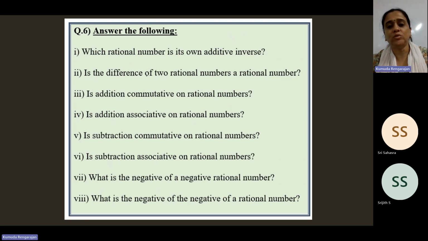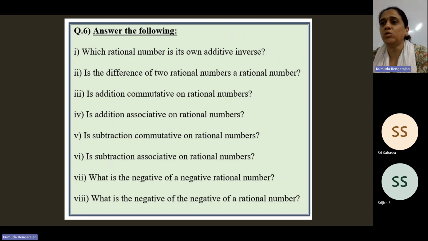Is the difference of two rational numbers a rational number? When you take two rational numbers, you find their difference. Will the answer be a rational number? Yes. The difference of two rational numbers is always rational. That is the closure property.